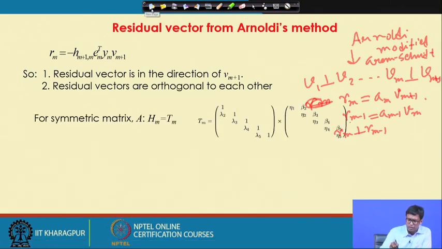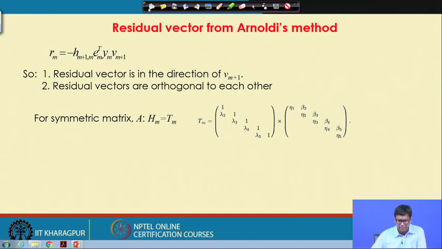For a symmetric matrix A, H m, the part of that Heisenberg matrix, is a tridiagonal matrix. We have shown it earlier. If A becomes symmetric, H m is a Heisenberg matrix, so it is an upper triangular matrix with one subdiagonal.